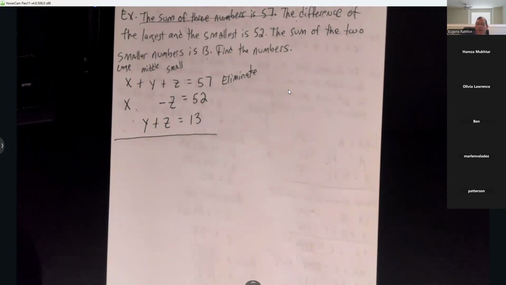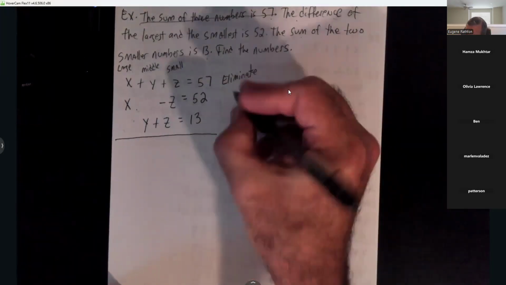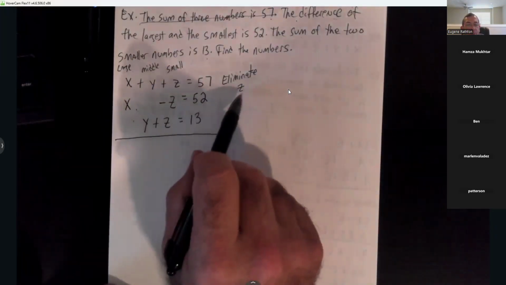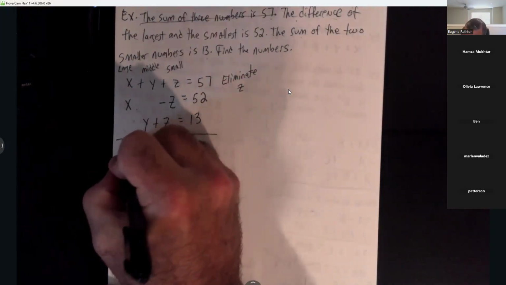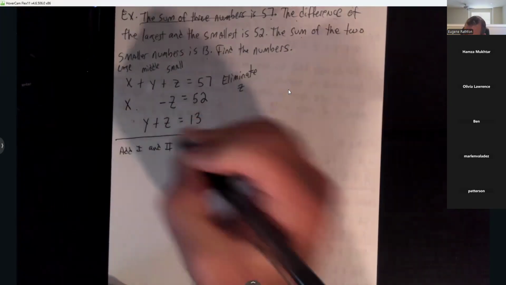So y'all, let me ask y'all, what variable are we going to eliminate? Win, what do you got, a z there? All right, I'm going to do z. I'm going to add the first two together first. So I'm going to add my equation 1 and 2.